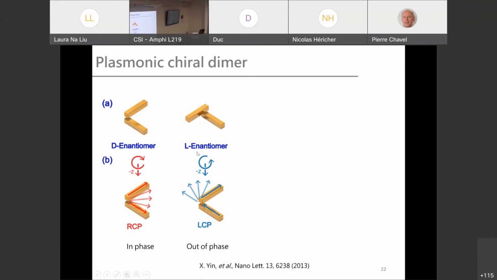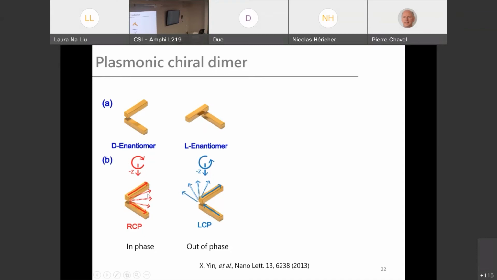But here I will still give you some explanation of the system. This is the D enantiomer, or you can understand it as the right-handed structure. And this is the L enantiomer. This is the left-handed structure. So these are enantiomers.